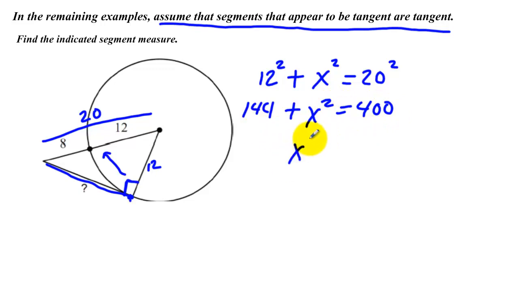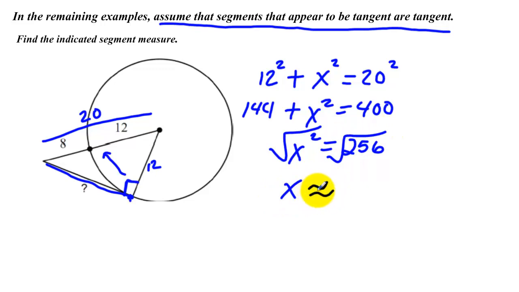Subtract that 144 over and bring that total down to 256. And then taking square roots on both sides of that, the square root of 256. Oh, what am I thinking? It's not a decimal. It is exact. That's a perfect square. That's 16. I knew that. So x is 16. And we can put it in our picture.